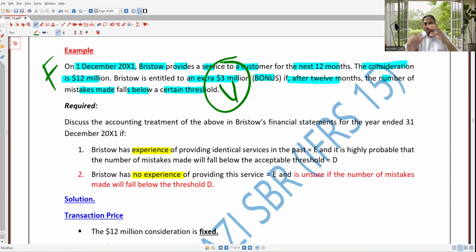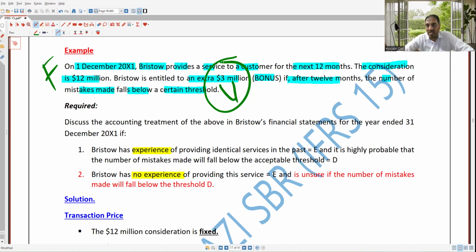About this 3 million bonus, the entity needs to assess whether they will be able to get this bonus or the chances of reversal are no. That means, okay, highly probable chances, so they need to include this 3 million with the 12 million.